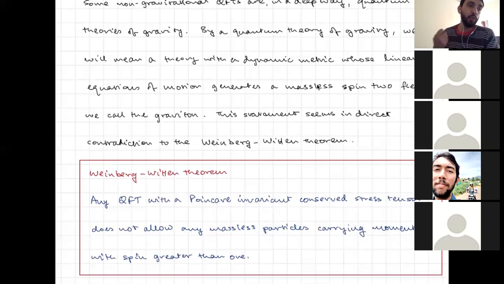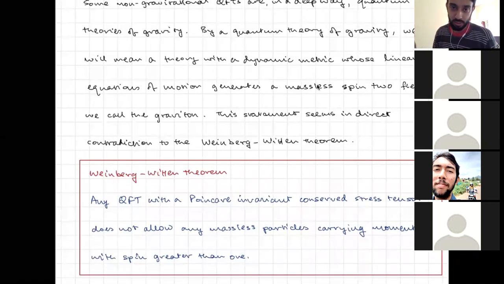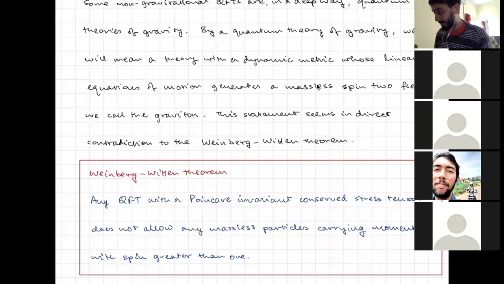The short answer in a sense is that since G mu nu is a 2-indexed object, it will correspond to a spin 2 field. So that's a short answer, and I hope the exercise that I'm setting for you will help you understand it a little more.